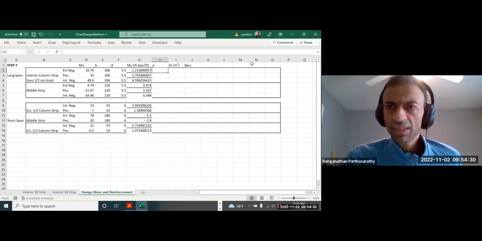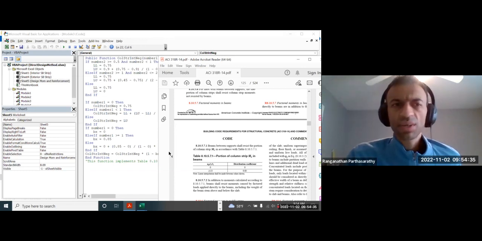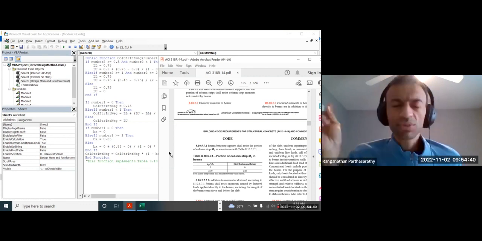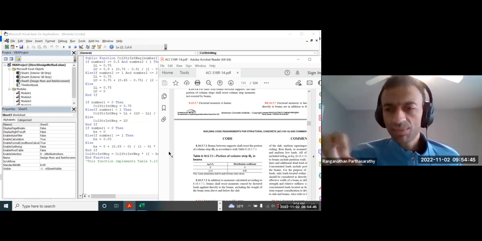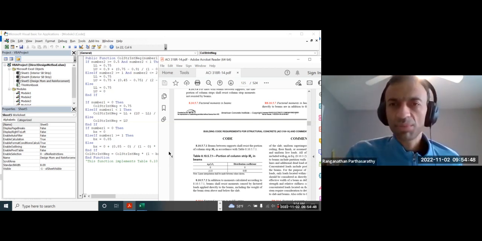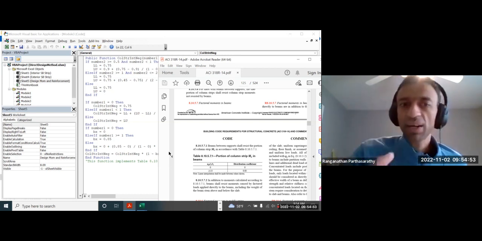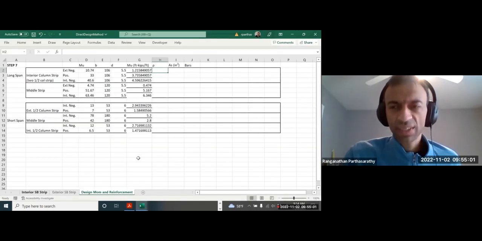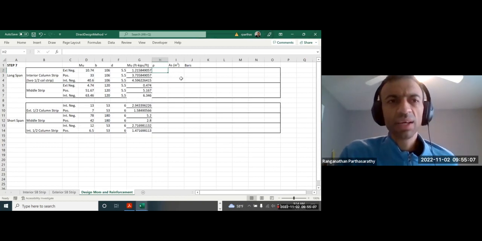Till then, all of the approach: positive moment, negative moment, exterior negative, interior negative, then distributing that between column strip and middle strip, then within the column strip distributing between the beam and the slab part of the column. All of that is automated here. But please go over it carefully, and only the last part you need to do by hand.